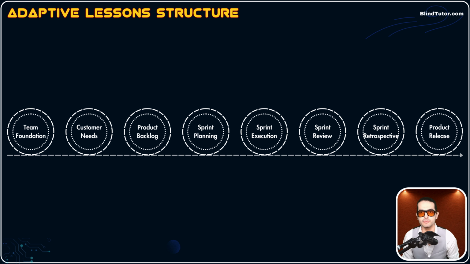Because product backlog in adaptive projects is the most important document. Guys, in predictive projects, we had lots of documents, okay? In scope, just scope, we had a scope management plan, then WBS, scope statement, scope baseline, just for scope. But if you consider all pieces together, they're gonna be like 50 documents, okay?